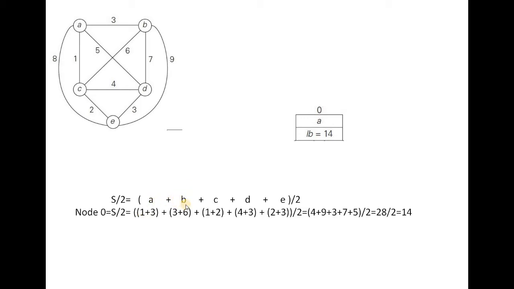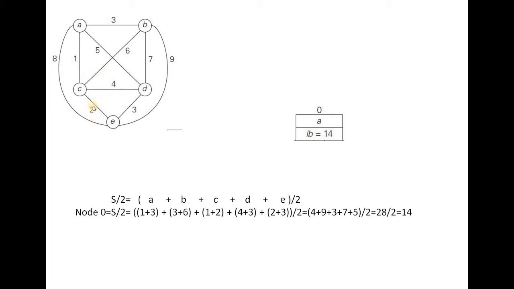Likewise, you need to consider 2 paths for B. There are 4 paths from B whose costs are 3, 6, 7 and 9 respectively. Out of these 4 paths you find the 2 least cost paths, and those are considered for the calculation. From C, again 4 paths are available.